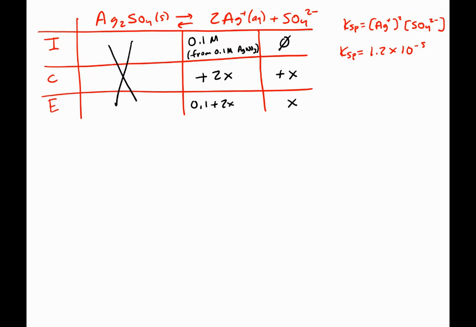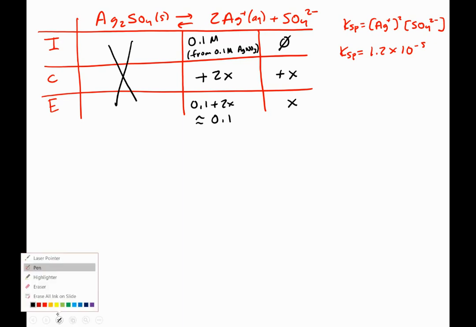If you just plug these values from the equilibrium line straight into the KSP expression at this point, you're going to end up with a polynomial that contains x cubed, x squared, and it's going to be a nightmare to solve. And so to make our lives easier, recognize that the value of KSP is less than 10 to the minus 3, and so we can invoke the small x approximation and approximate the equilibrium concentration of Ag plus to be 0.1 molar. That will help make our lives a lot easier.